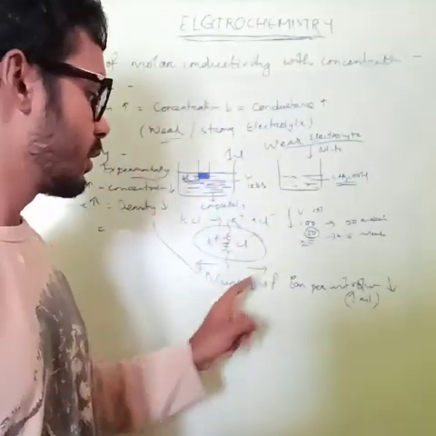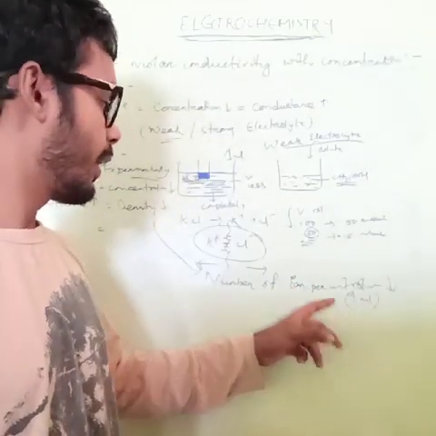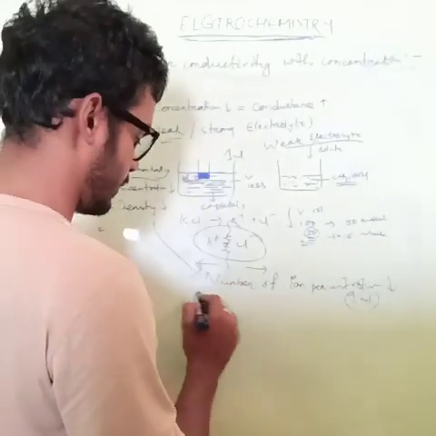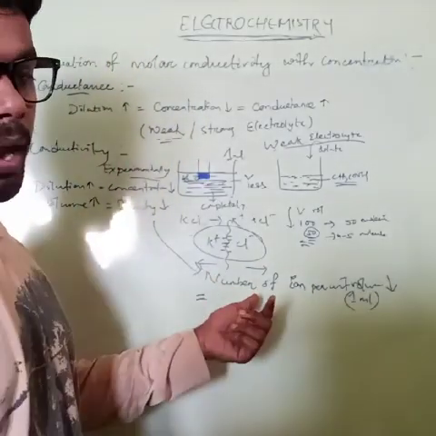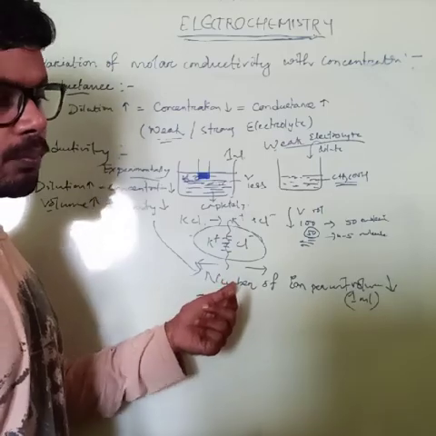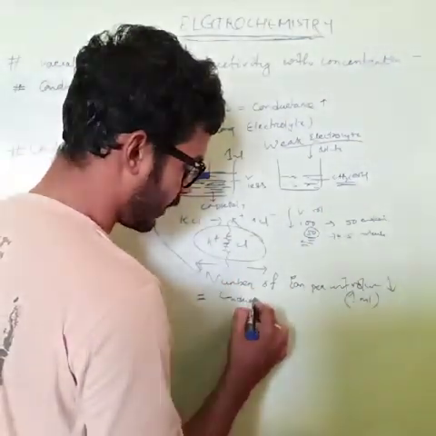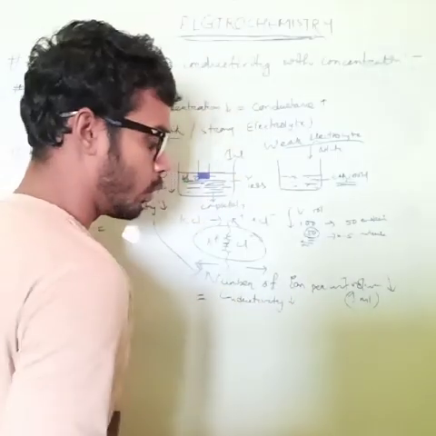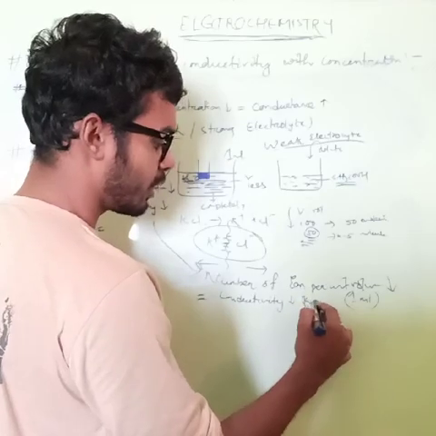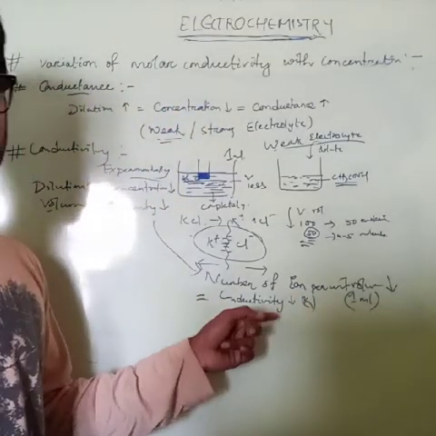So the number of ions per unit volume will be low, and conductivity will be low or decreases. Conductivity is nothing but kappa. Kappa is low.